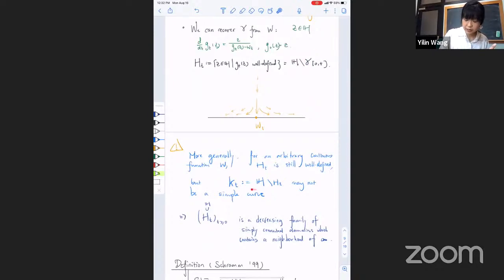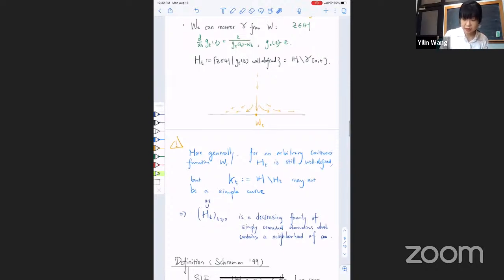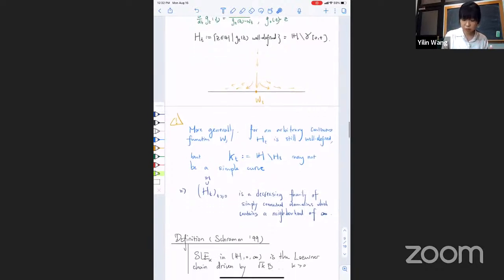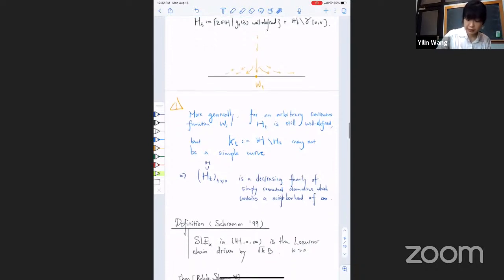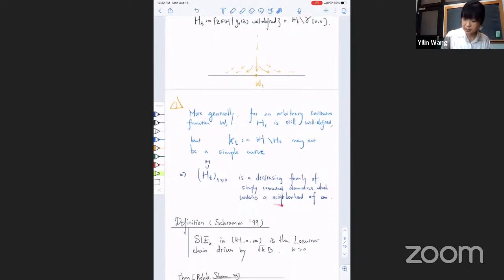K_t is the place where the solution is not defined, but K_t does not need to be a simple curve. So in the end, what you get in general is a family of decreasing simply connected domains H_t, or a family of growing hulls K_t, and this H_t always contains a neighborhood of infinity.